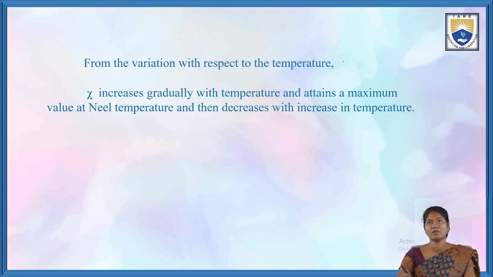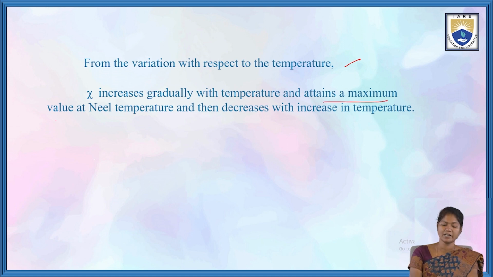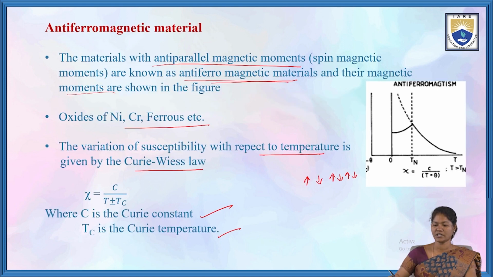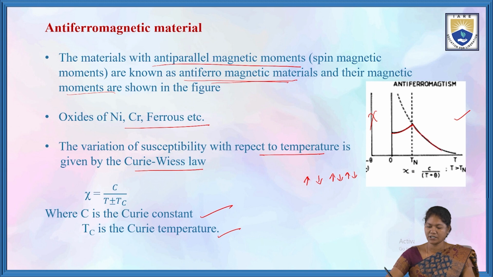From the variation with respect to temperature, chi increases gradually with temperature and attains a maximum value at a certain temperature, and then decreases with increase in temperature. That is clearly shown in this picture: the susceptibility gradually increases up to some maximum, then gradually decreases with respect to the temperature.